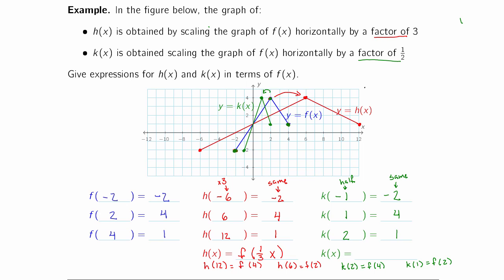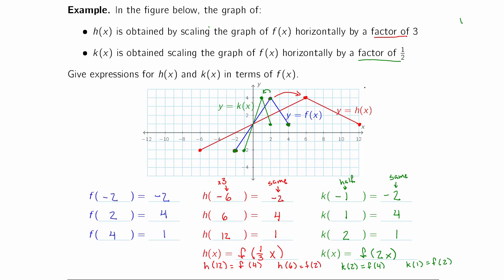So k of x is not f of 1/2 of x, it's f of twice x. Why? Again, we have to go back from the input of k to the input of f. So k of x is f of not 1/2 x, but 2x.